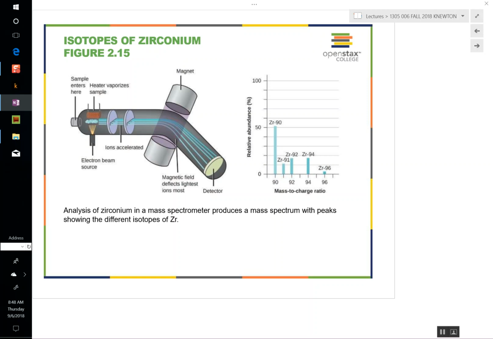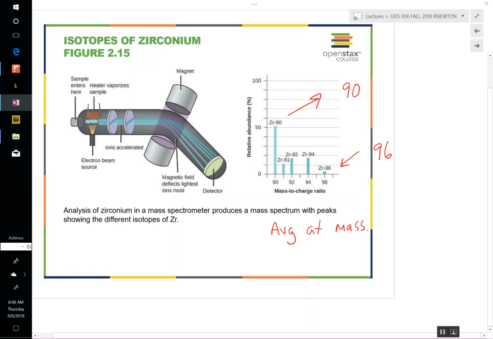Okay, so we would say that the atomic mass of zirconium 90 is 90, and the atomic mass of zirconium 96 is 96. But this begs the question, what is the average atomic mass?